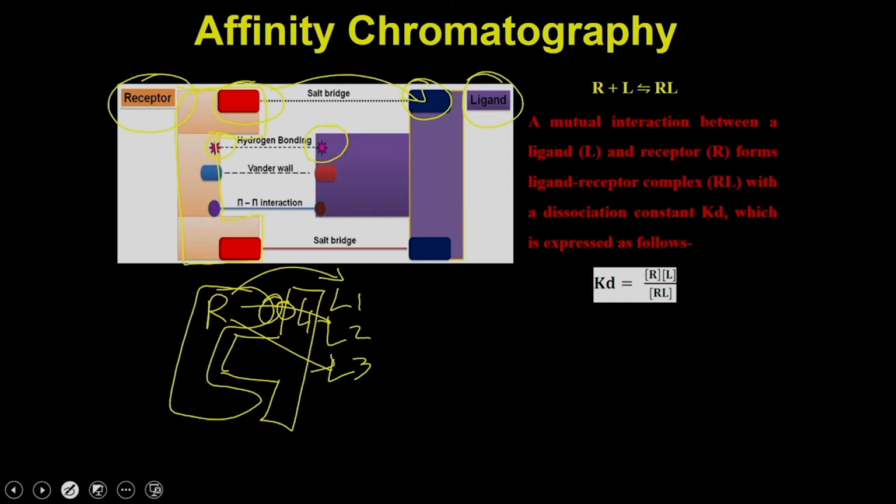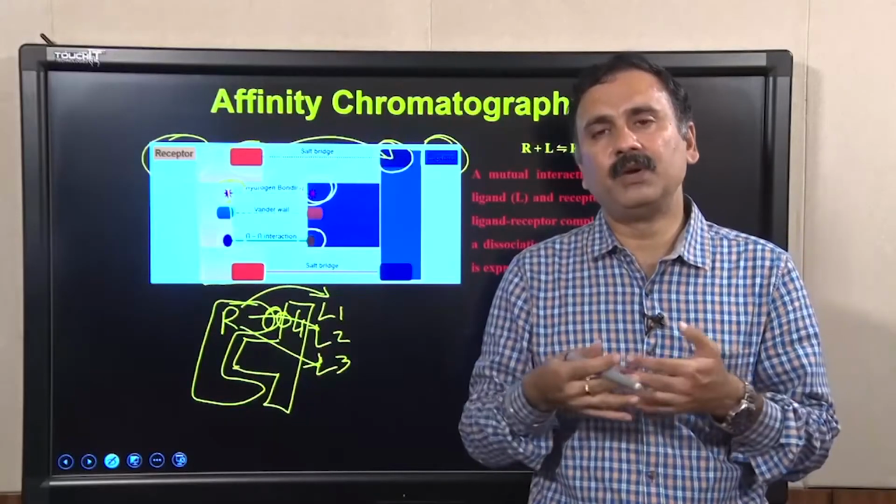If you have a hydrogen bond donor, you should have a hydrogen bond acceptor, so that there will be an interaction between these two groups. Similarly, if you have a group on the receptor involved in a pi-pi interaction, you should also have the complementary group present on the ligand, and the position as well as the group should be identical or complementary to each other, so that the receptor makes a complex with the ligand.